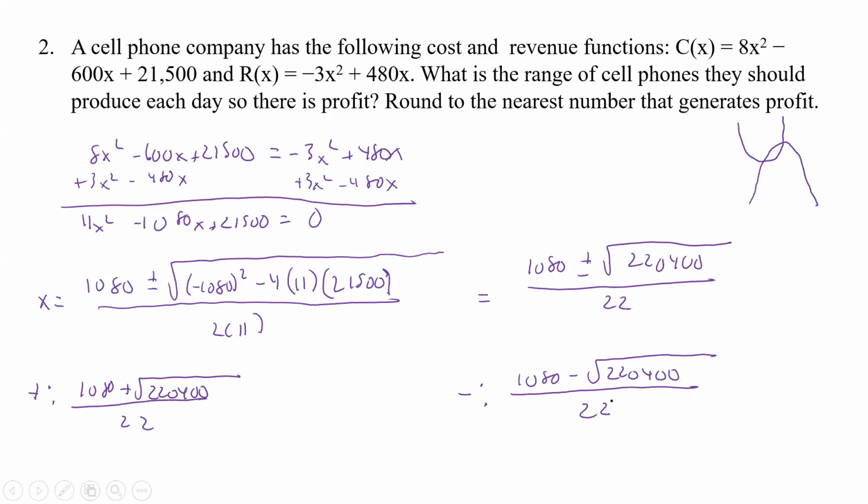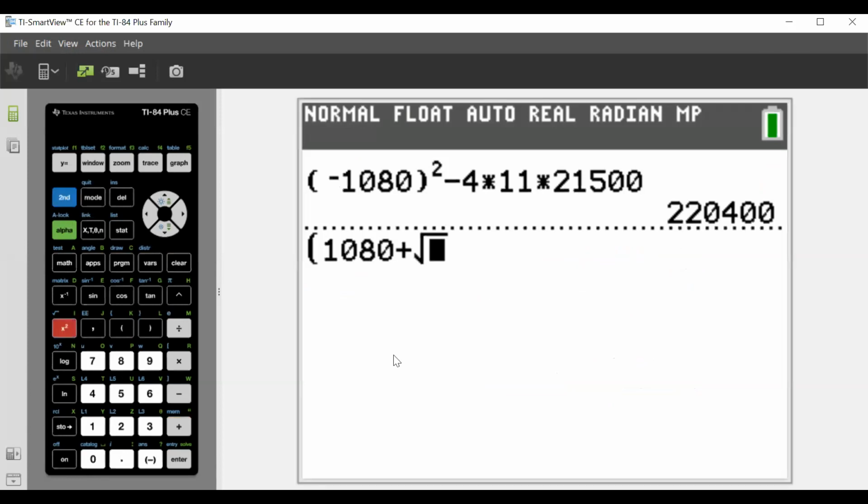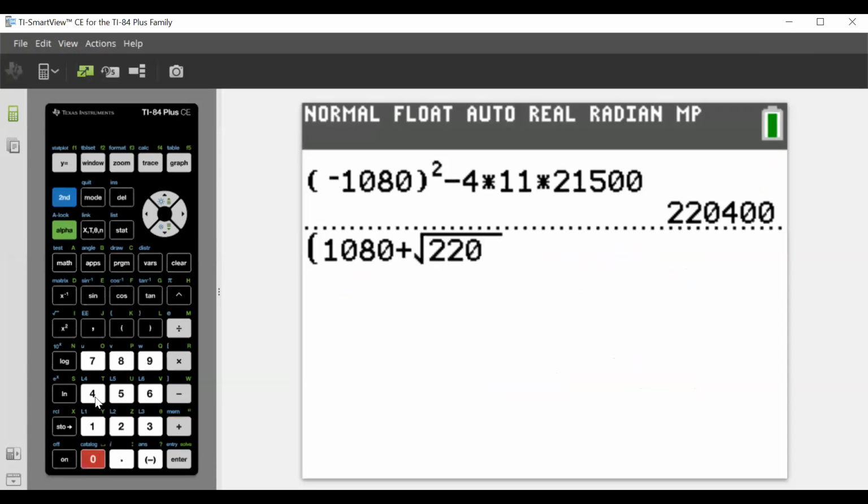So now we need to come up with those values. Let's put our parentheses here: 1080, and if we did the plus one first, then the square root of that number, and then divided by our 22.